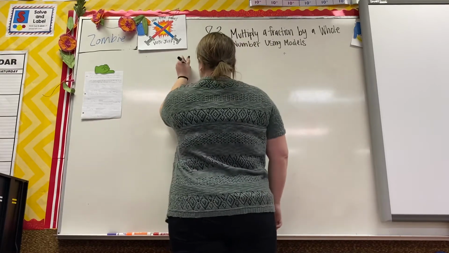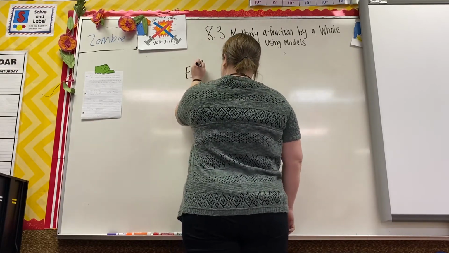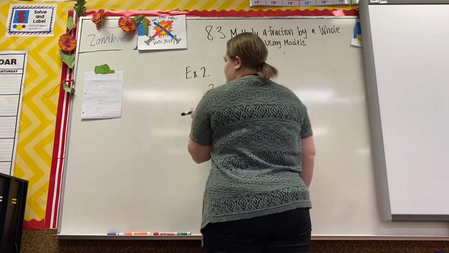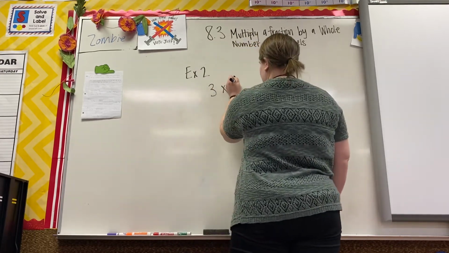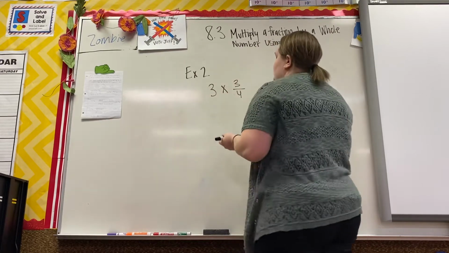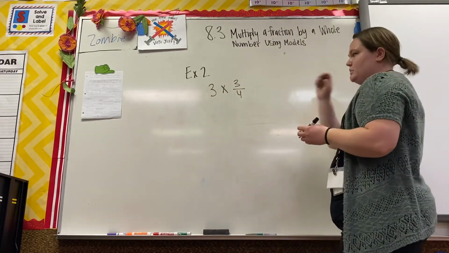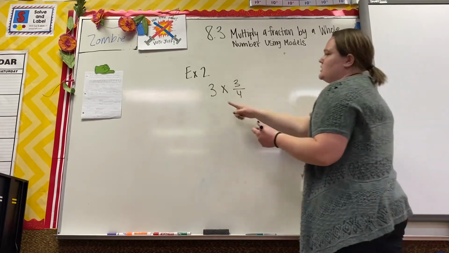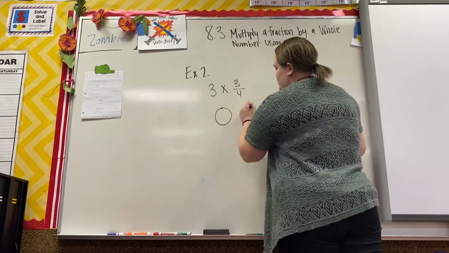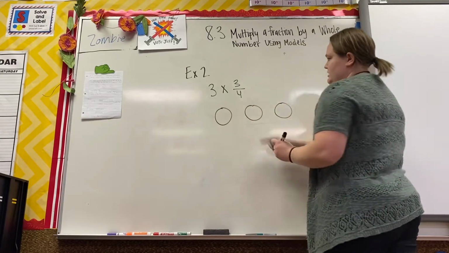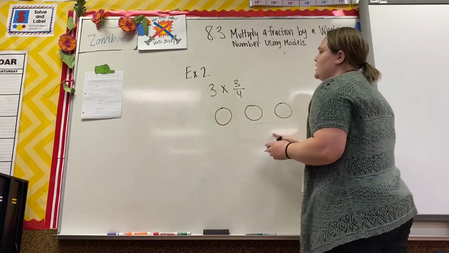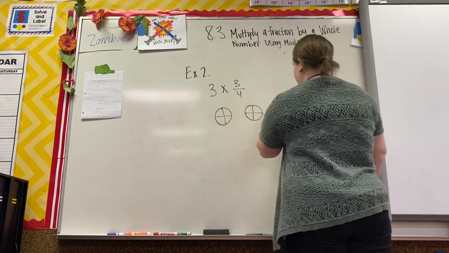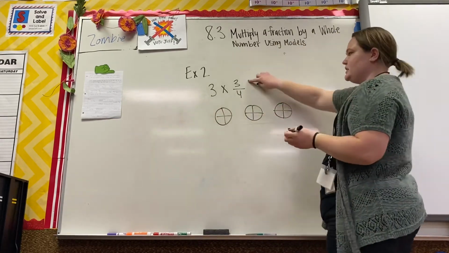Example number 2 is 3 times 3/4. And I want to represent this as a model, so I have 3 groups of 3/4. So I'll draw 3 circles to represent my 3 groups, and I'm going to split them each into fourths, and I'll shade in 3 of each.